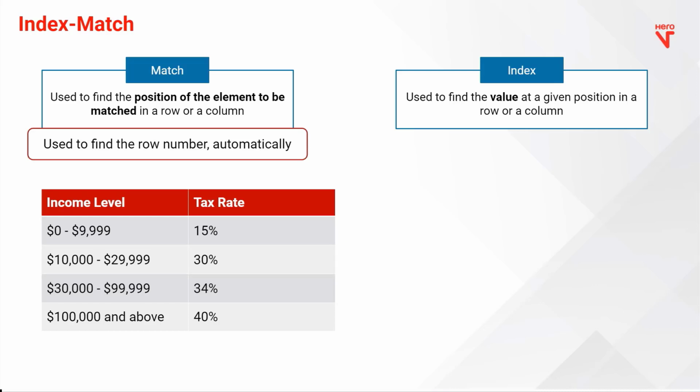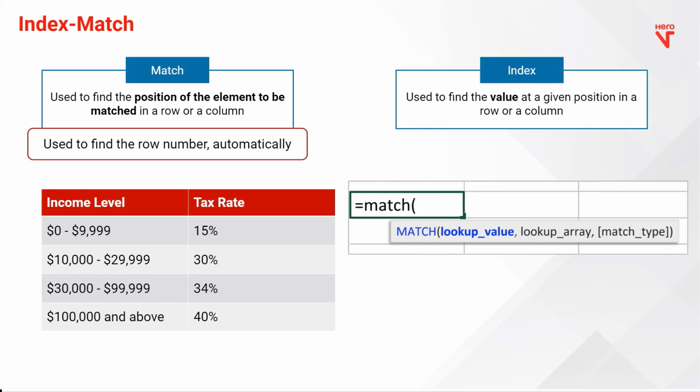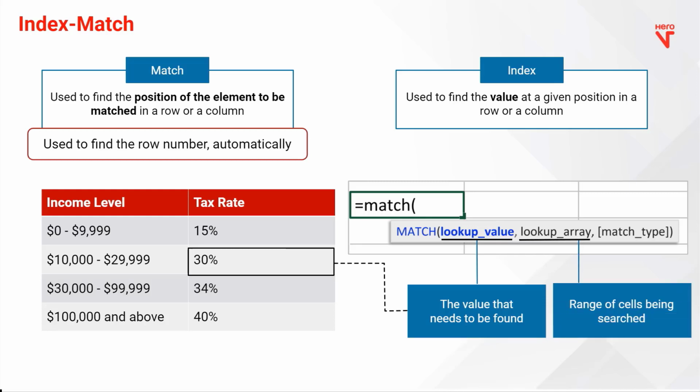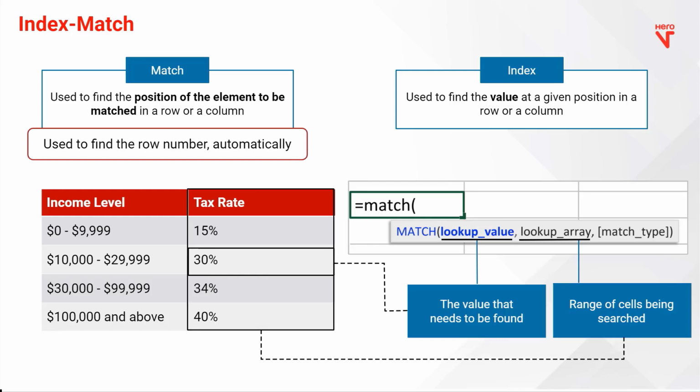Let's understand its syntax. The first parameter is the exact value whose position we want to find out. This could be the cell reference in which we specify the tax rate. The second parameter is the column or the row in which we want to find the position of our match. In our case, it will be the cell reference of the column corresponding to tax rate.